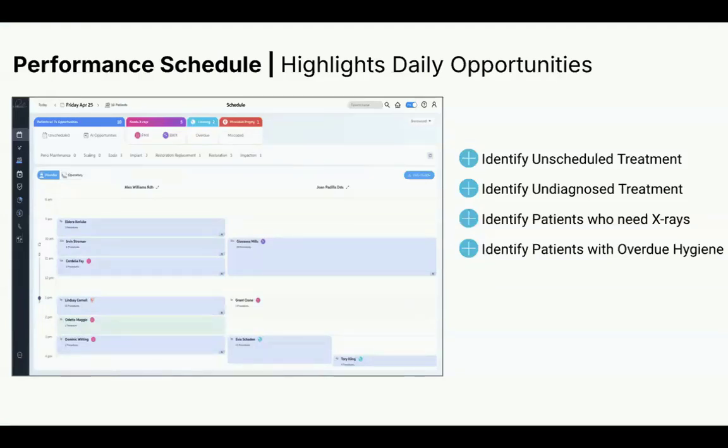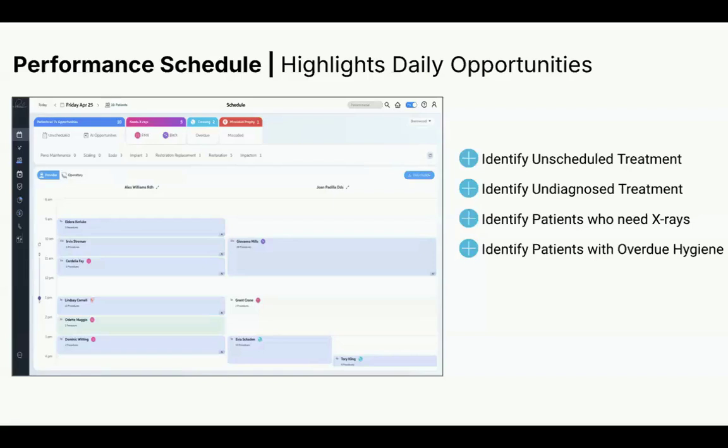With Pearl's Practice Intelligence, we have a color-coded opportunity schedule that will take your practice management system, look through all of the charts for you, and organize an opportunity-based schedule so that when everybody comes in the morning, they know every blue patient has something that needs to be discussed, right? Is there unscheduled treatment that they need to stop at the front desk for? Then they're blue. Is there unscheduled hygiene?